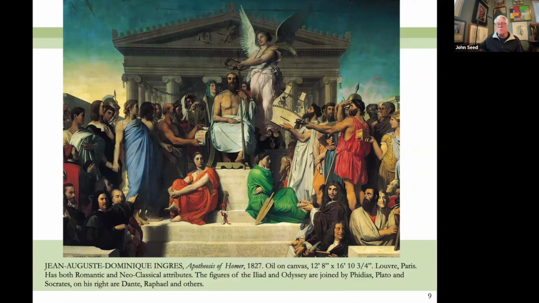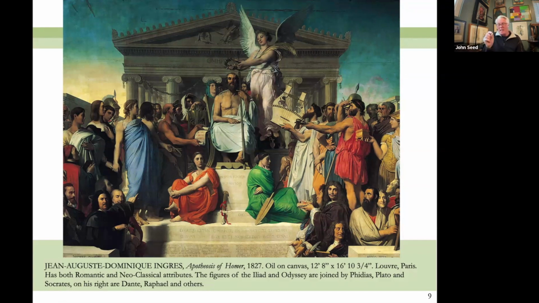In this tremendous allegorical painting by Ingres, I can tell you that we really see both romantic and neoclassical themes. If you're wondering what could be romantic about all these people in togas in front of a classical temple with a winged classical god, you're asking me, John, what's neoclassical? Well, I'll say two things. One is the tight and careful rendering.